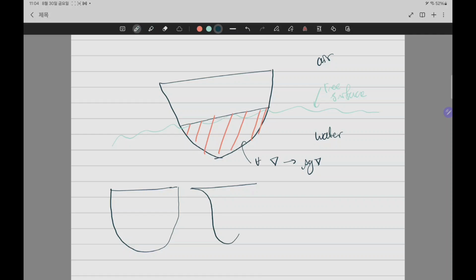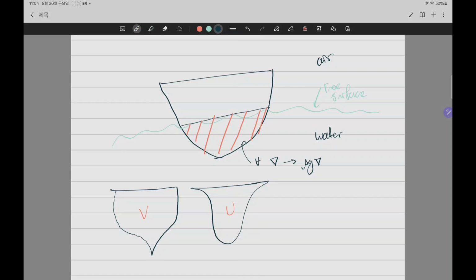Oh yeah, and by the way, just a fun fact. There are two types of ships. Wait, let me make this more clear. These are the two normal hull shapes. You call this the V shape, you call this the U shape.